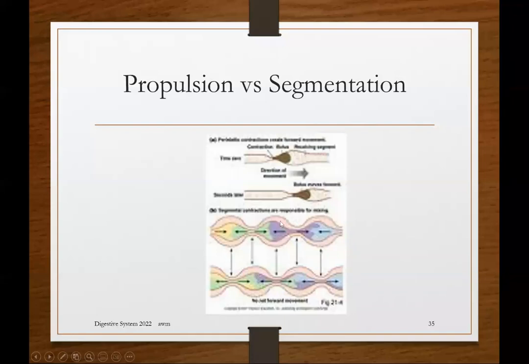The areas that were relaxed will then contract. But because it's in several instances, the content in the lumen can end up dancing to and fro. The content will be pushed forward, pushed back, pushed forward, pushed back. So that is what segmentation is all about.